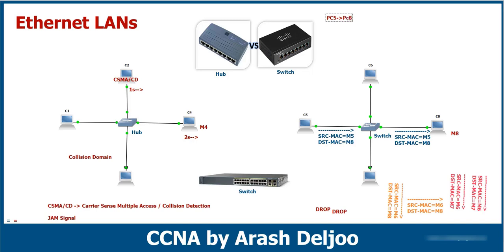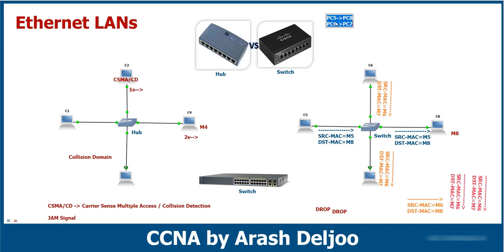And at the same time, we are sending traffic from PC6 to PC7. Now this traffic is received from PC6 for PC7, the destination MAC is MAC 7. The switch intelligently can forward the traffic to PC7. Because of that, we don't have any collision. This means that in this example we don't experience a collision.